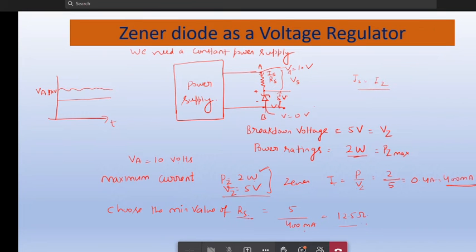Now I just want to take one example. Suppose initially this is a power supply which gives you an output of 10 volt.